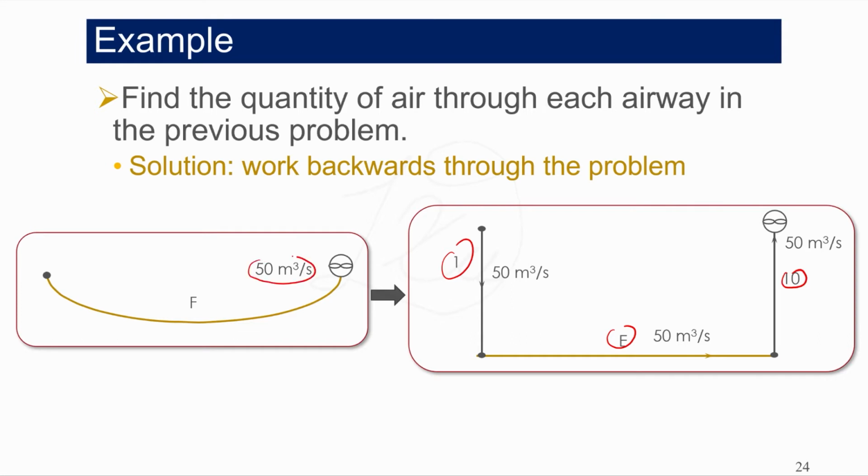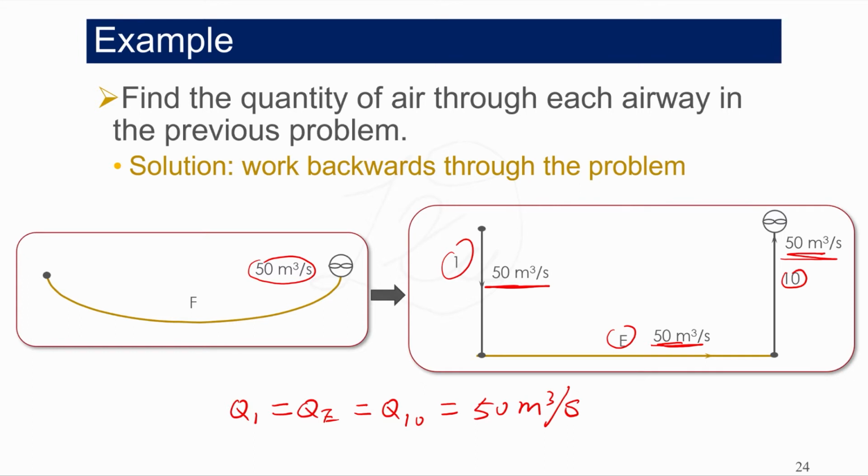The quantity in this single airway is 50 cubic meters per second. Because airway 1, E, and 10 are in series, the quantity flowing through them should all be the same and equal to the quantity flowing in the equivalent airway. So Q1 equals QE equals Q10 equals 50 cubic meters per second.